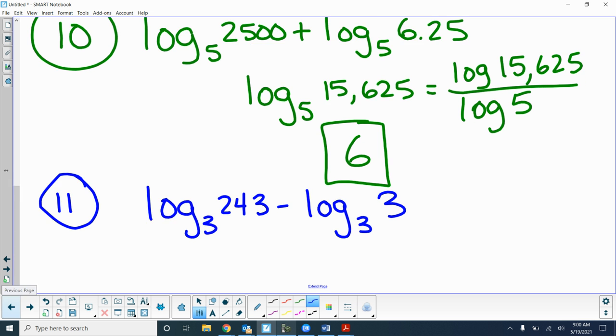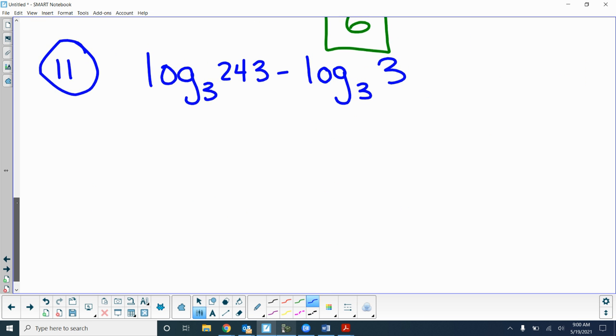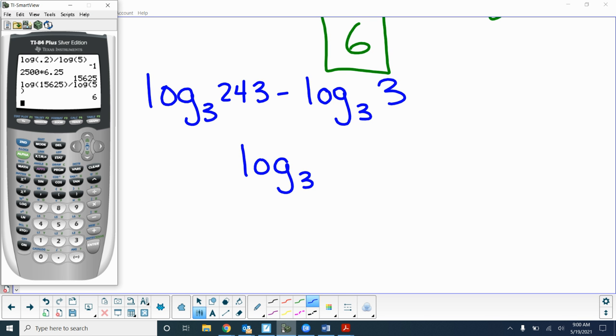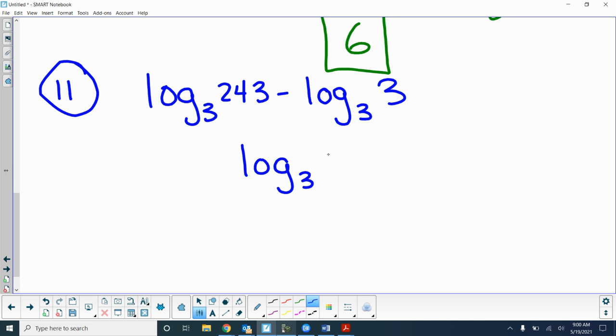Okay, so this is subtraction. So that equals log base 3 of 243 divided by 3, which I believe is 81. Okay, and then do your change of base again to simplify.